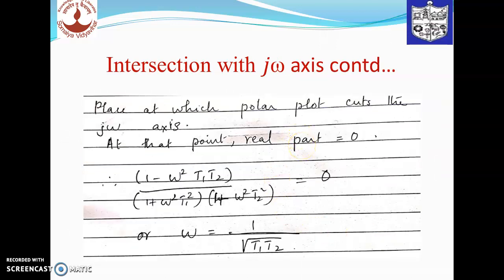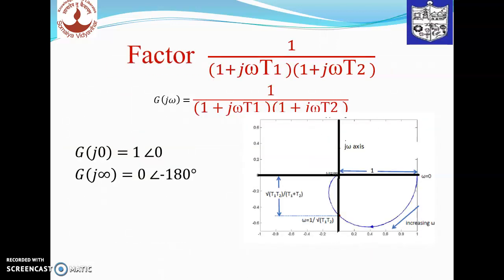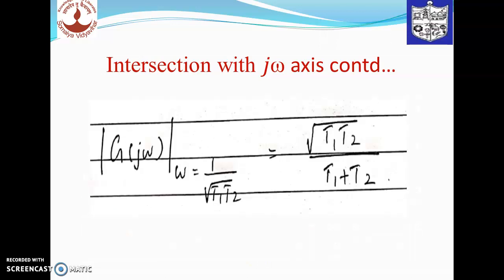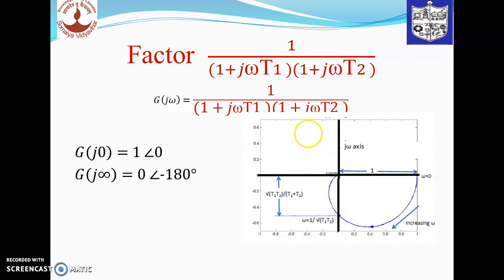The place at which the polar plot cuts the j omega axis is this point, and at that time the real part is 0. So I equate the real part to 0 and solve for omega. I got omega as 1 by square root of t1 t2. Putting that in the magnitude of G(j omega), at omega equal to 1 upon square root of t1 t2, I get square root of t1 t2 upon t1 plus t2, that is this.